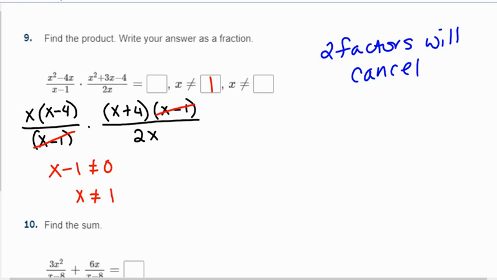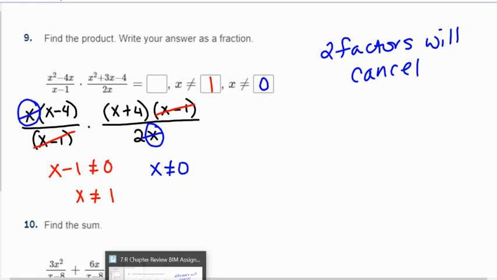Okay, likewise, I can cancel out this x in the numerator and this x in the denominator. When I cancel those out, I have to consider that as a restriction. x cannot equal 0, so my other restriction is that x cannot equal 0. Okay, and finally, I just need to rewrite and multiply everything that is remaining.